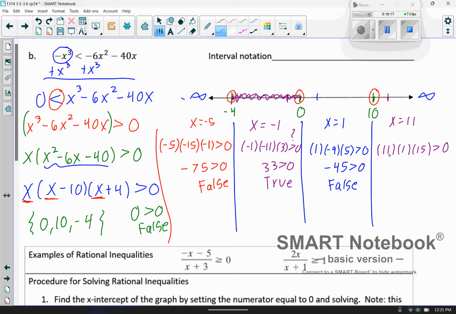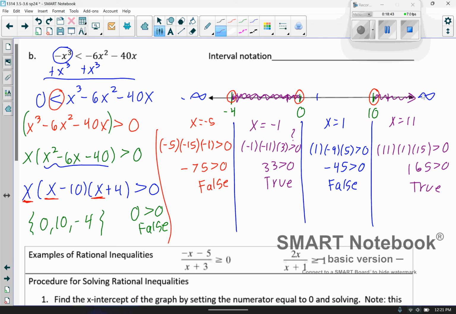Well, yes, because they're all positives, and so when you multiply them together, you're going to get a positive result. It's going to be 165, I believe. And so yes, that is greater than 0. That's true. So we want to go ahead and shade from here and beyond.